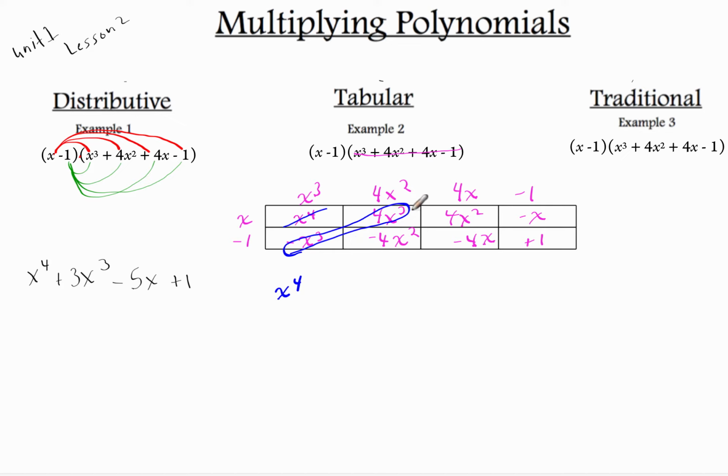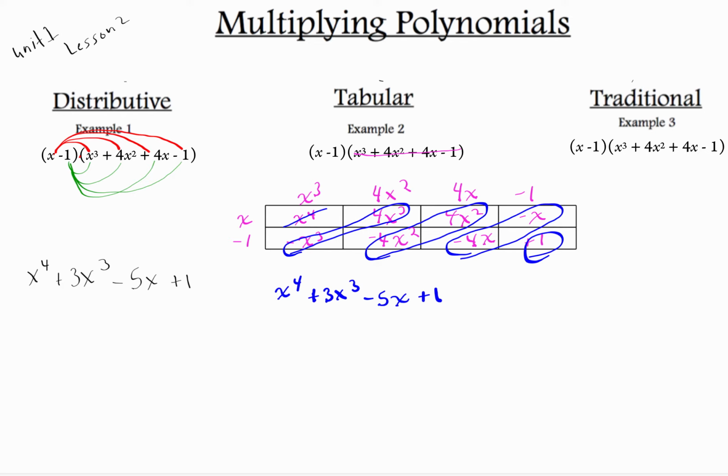So 4x cubed, negative x cubed, gives me positive 3x cubed. Likewise, this diagonal will be like terms. 4x squared, negative 4x squared cancel out. This diagonal will give me like terms. And then we have our last term. Notice we're getting the same answer each time.